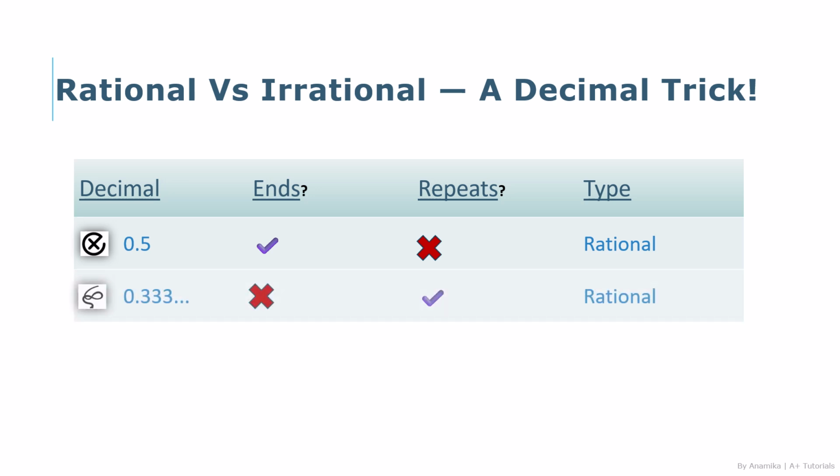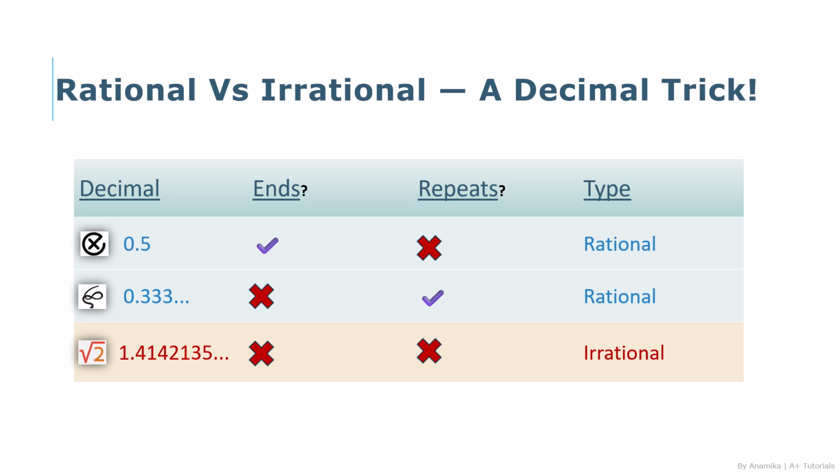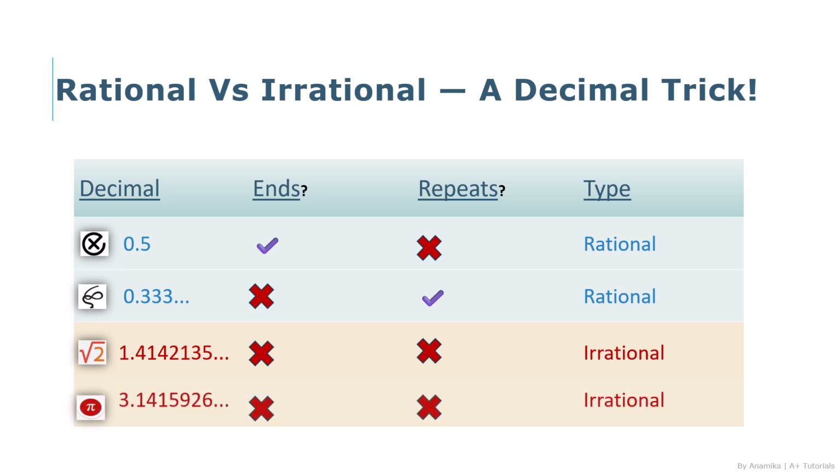If the decimal repeats like 0.333 or 0.272727, still rational. But if the decimal goes on forever with no pattern like square root of 2 or pi, that one's irrational. So always ask yourself, does it end? Does it repeat? If the answer is no to both, then it's definitely irrational.